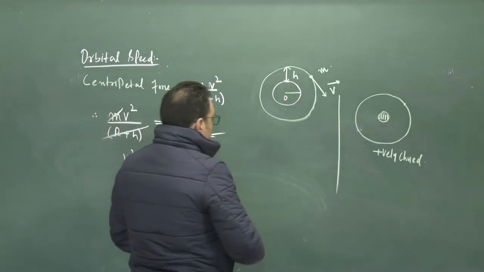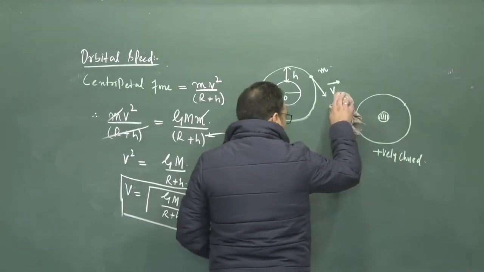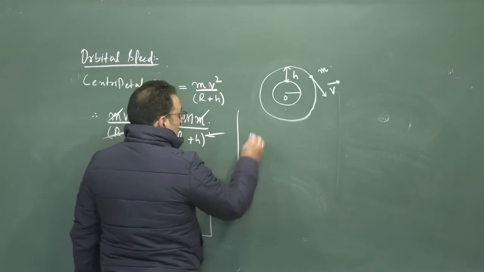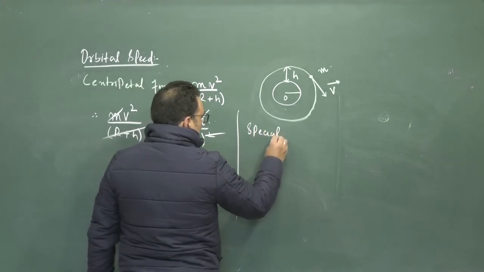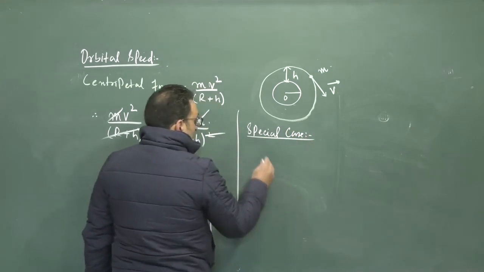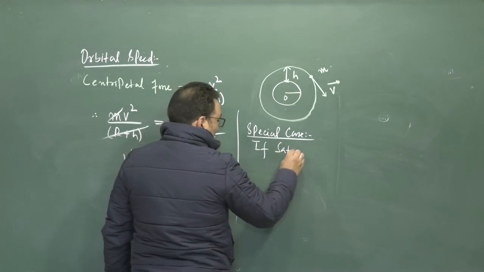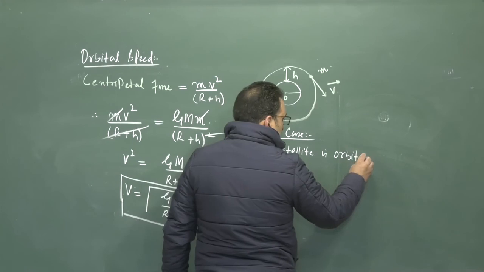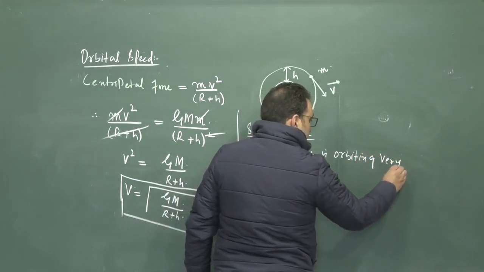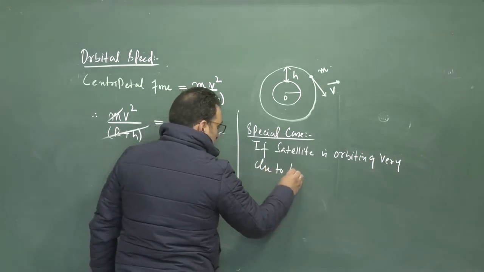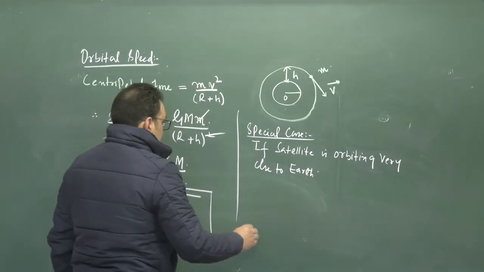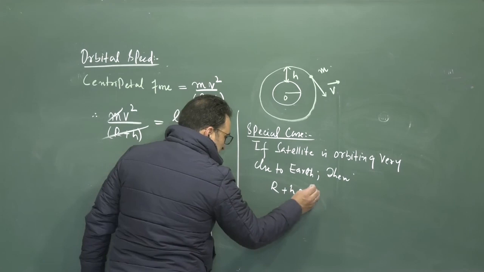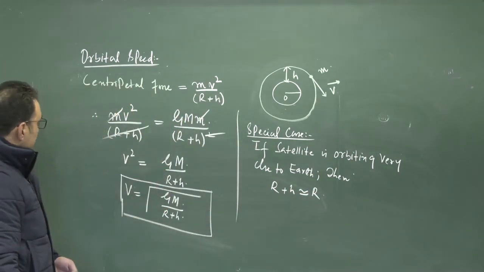Now, this is a special case. If the satellite is orbiting very close to Earth, then we can write R plus h as approximately equal to R, because the height will be far less than the radius.